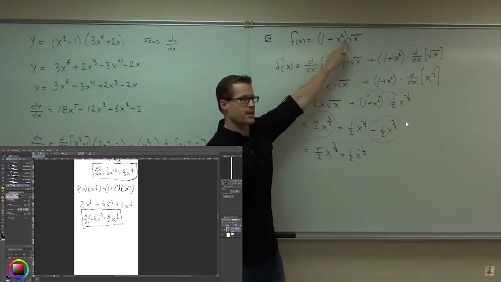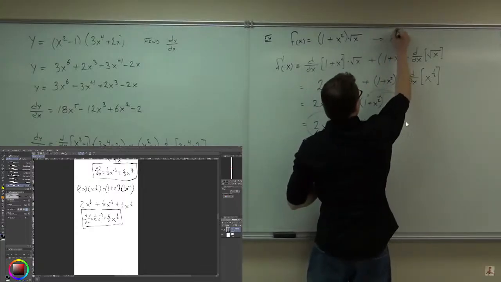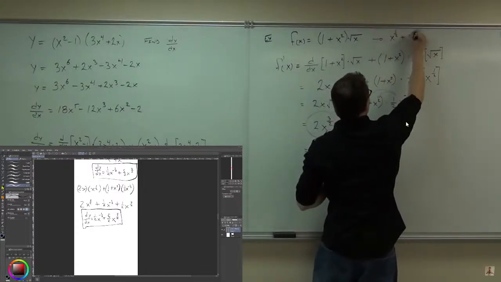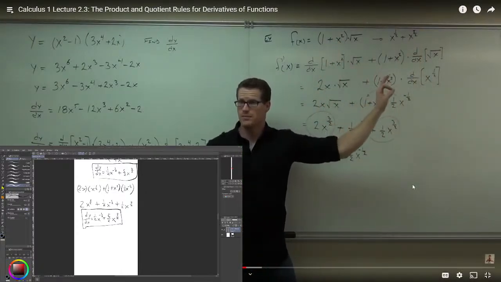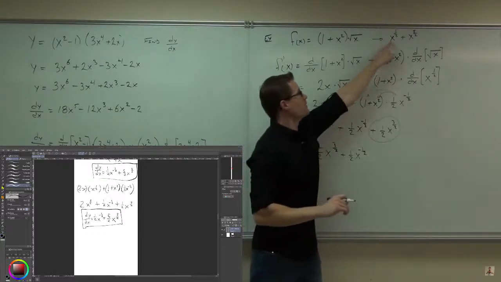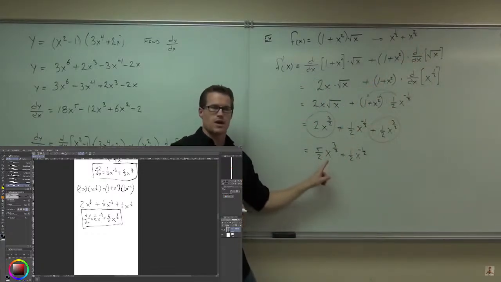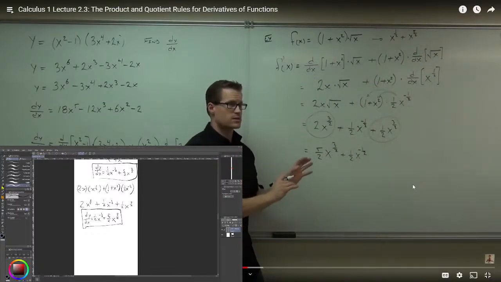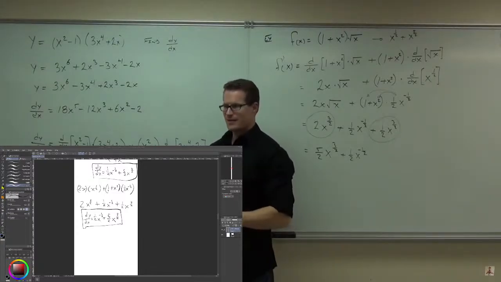See the 5 halves out of that? x to the 1/2 plus 2 x to the 1/2 plus x to the 5 halves. That's what that is distributed. If you can't get that, do it later on your own, distribute that and figure out those exponents. This derivative is that piece right there. The piece of this derivative is 5 halves x to the 3 halves. It's the same exact thing. Feel okay with this so far? All right, cool.